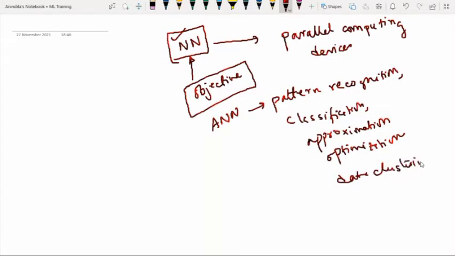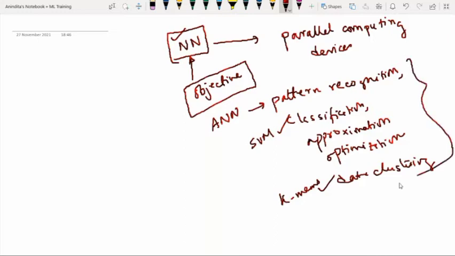I think these terms are not new to you, because in the previous sessions we have already covered some algorithms for classification and data clustering, like the K-means clustering algorithm. Here we have used SVM, here we have used K-means clustering. So these are the different tasks ANN can perform alone.